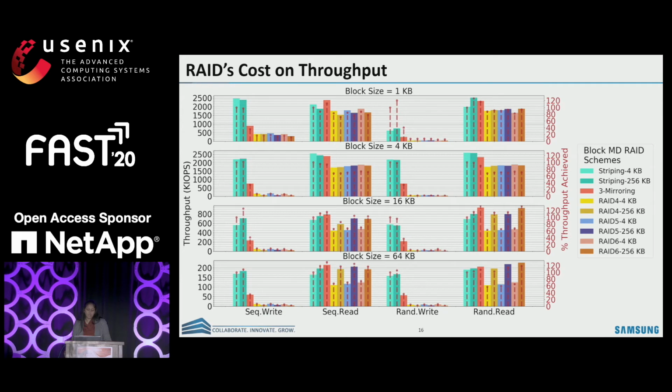And for the reads, they aren't so bad. With the read configuration, you can see in the top 1K and 4K that they do have degradation. They are not up to par with not using any redundancy mechanism, but that is to be expected because it's just a straightforward read. But going forward, with the right configuration settings, which you need to fine tune and find out, you will be able to get pretty good read results here.